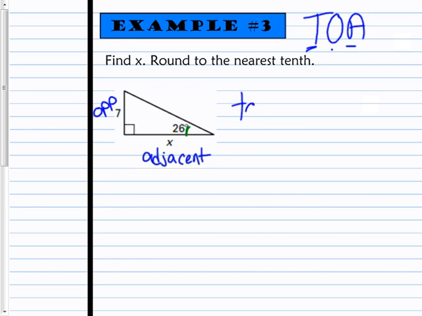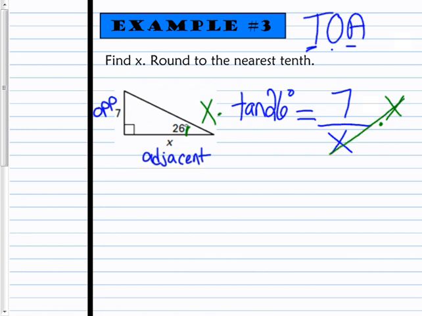So the tangent of 26 degrees equals opposite, which is 7, over adjacent, which is x. So we're solving for x. Now, in order to get x by itself, I'm going to have to do some work. First of all, it cannot be in the denominator. It has to be in the numerator, and it has to be by itself. So I'm going to multiply both sides by x. And when I do that, it cancels out here.